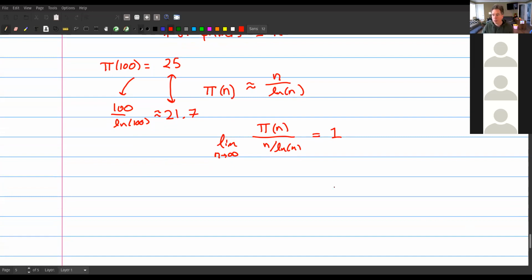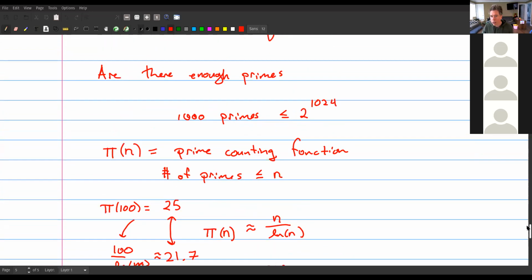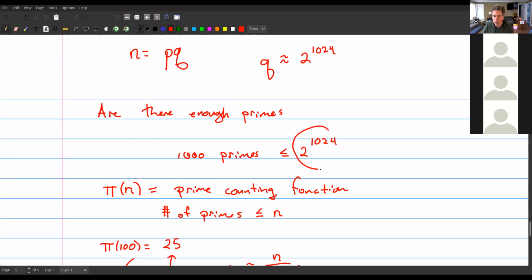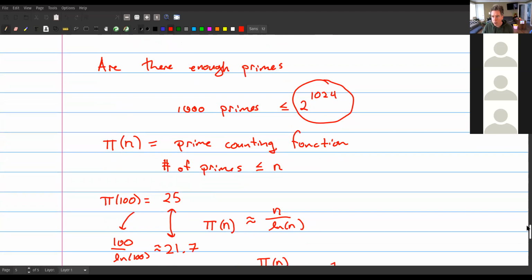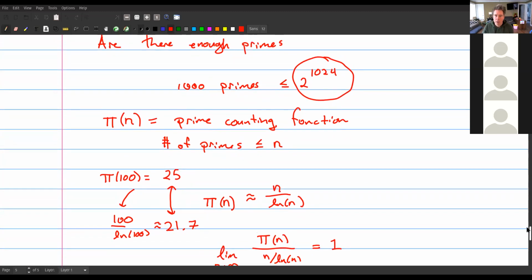so now we're talking about things out here, these astronomically big numbers. So we can ask this question: how many primes are there less than that number? Pi of 2 to the 1024 is going to be 2 to the 1024 divided by its logarithm, which is basically the number of bits.